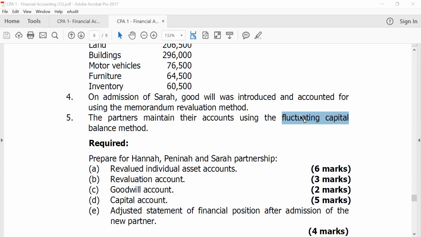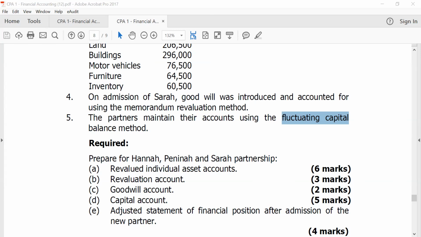So the capital account is a general account that records the contributions by the partners, but also records other items like goodwill, interest on capital, interest on drawings, and salaries.